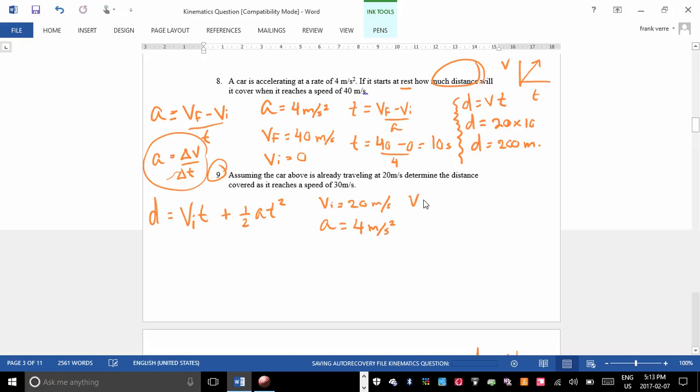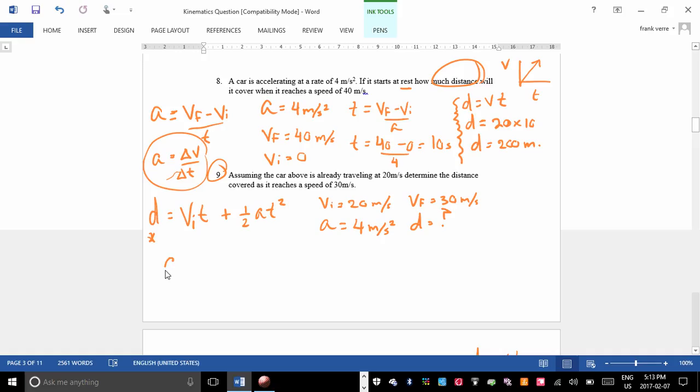The final speed is 30 meters per second, and we're looking for the distance. There are actually many ways to solve this one question. One is we could use this new formula. So let's use this new formula.